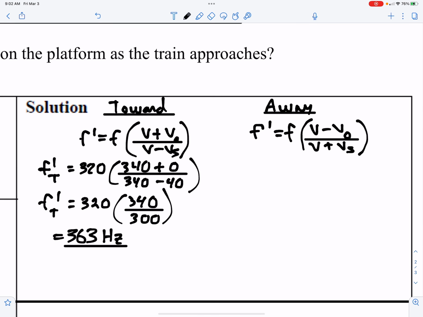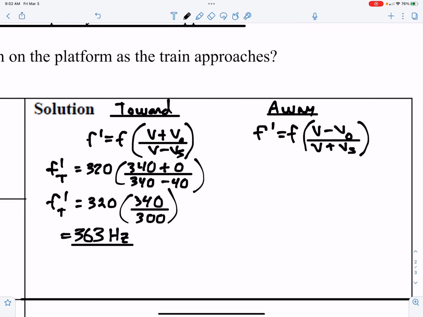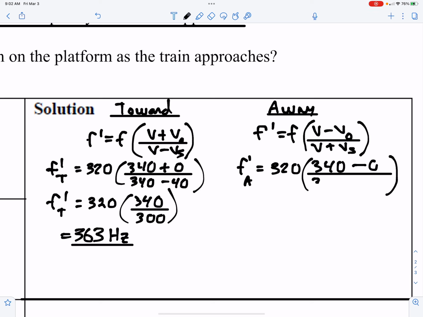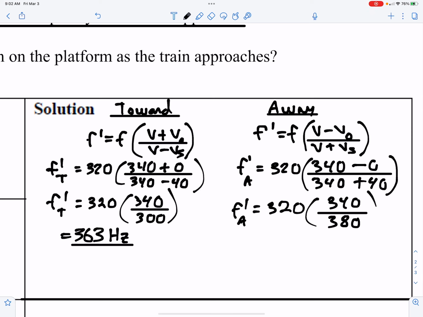Okay, same thing. Let's find the frequency as it's going away from you. So the observed frequency as it's going away from you, we're going to go 320. Then I'm going to go 340 minus 0 this time, over 340 plus 40. That would be 320 times 340 over 340 plus 40, which is 380.